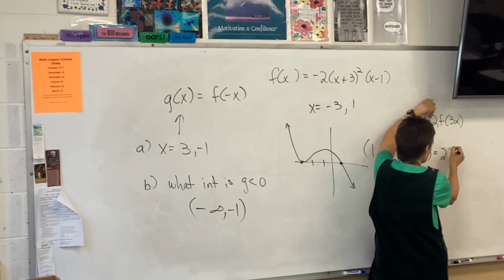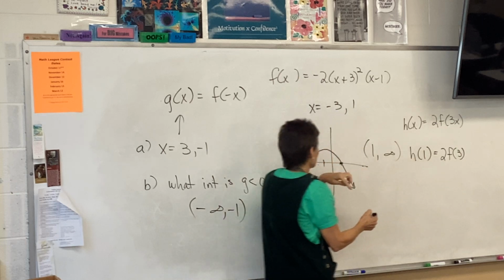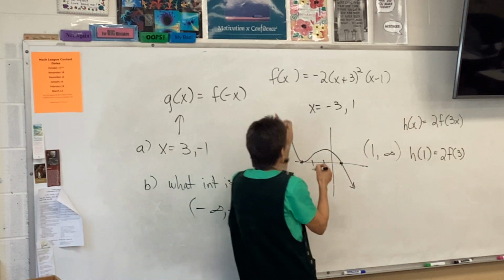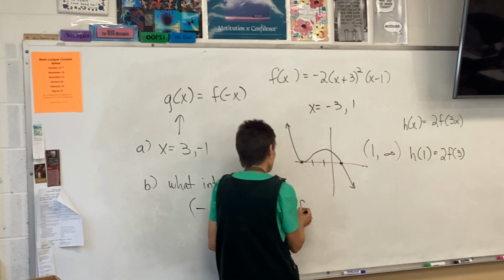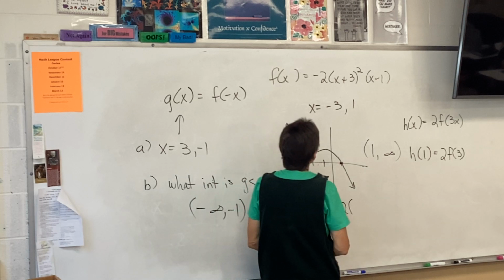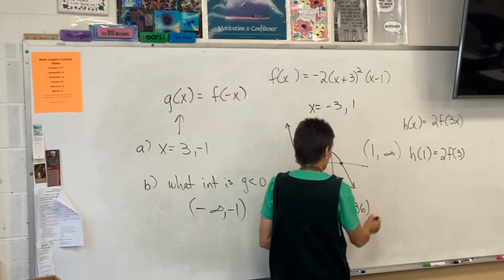2 times f of 3? So wait a second. What's f of 3? Well, I don't know. I'll have to plug it in. So f of 3 is -2 times 36 times 2.